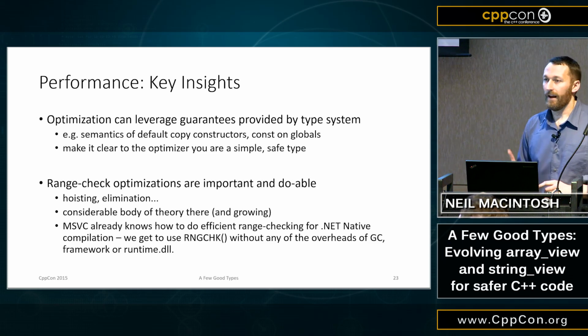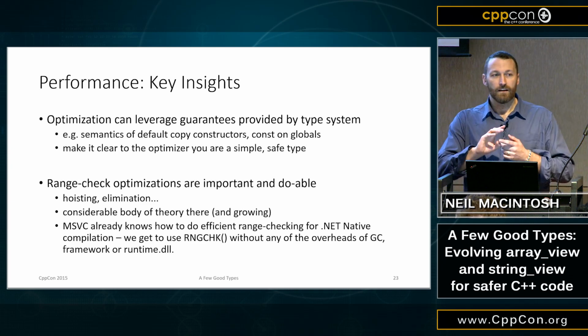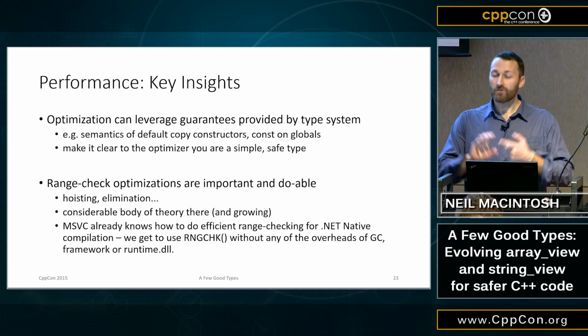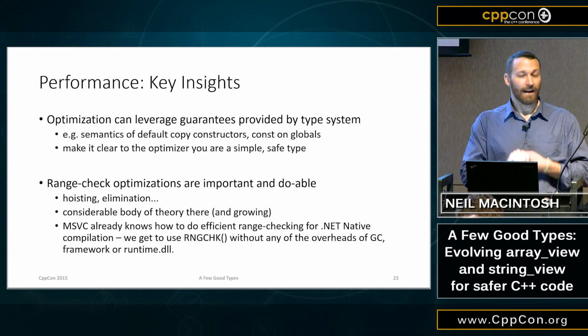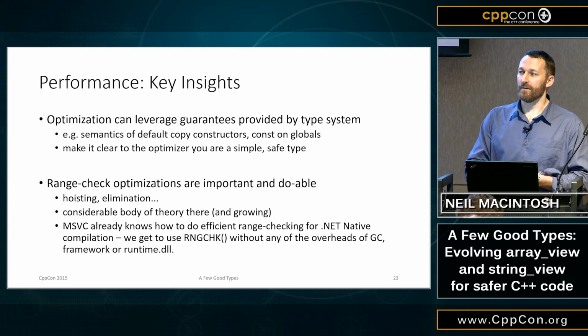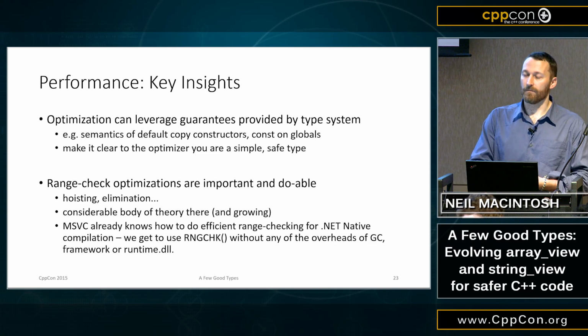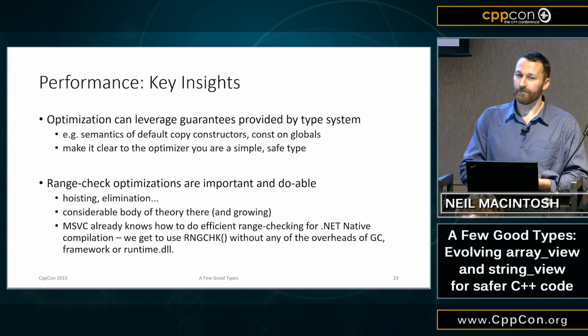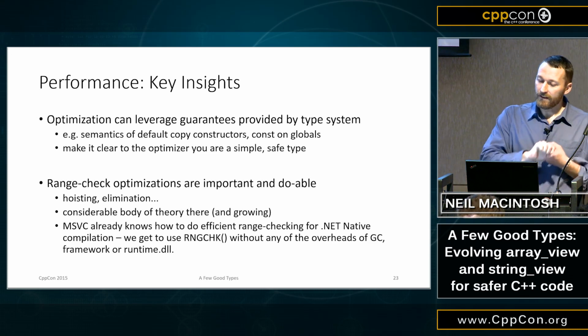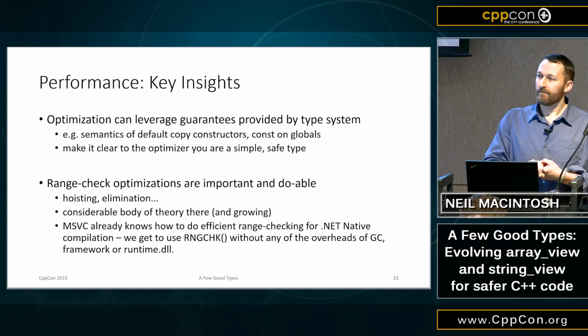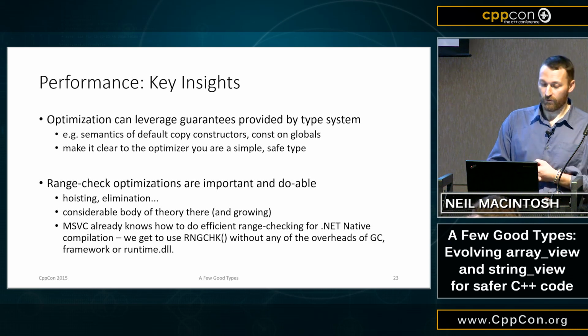The key insights we had to starting down the path of optimizing array view is that the type system, and you must be so sick after 2 hours as I am of hearing how wonderful the C++ type system is, but it really is, you can leverage the information in the type system to make these optimizations. The semantics of a default copy constructor help tremendously with array view, which has, surprisingly enough, a default copy constructor.